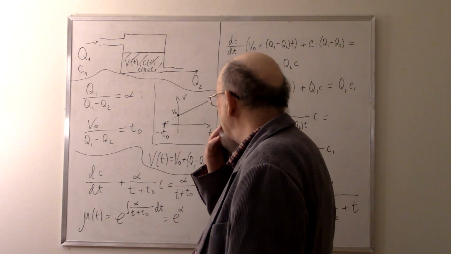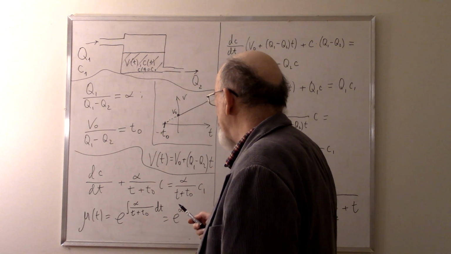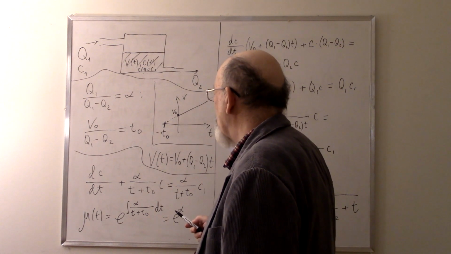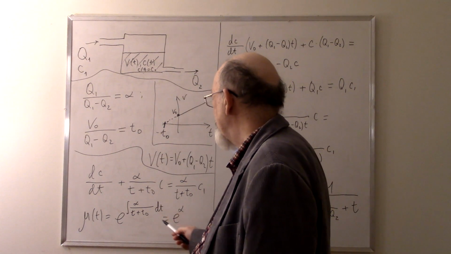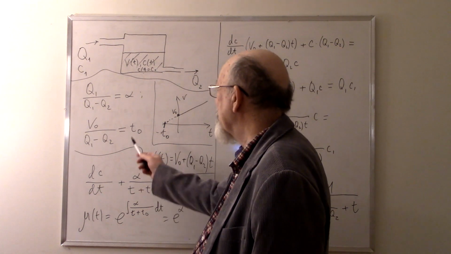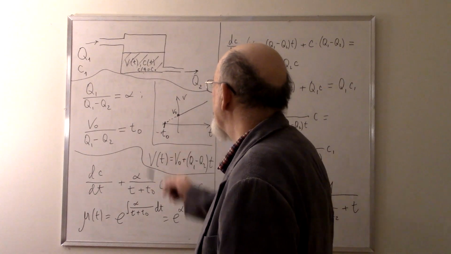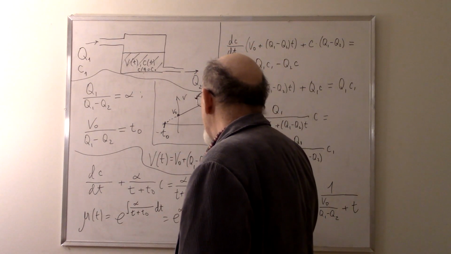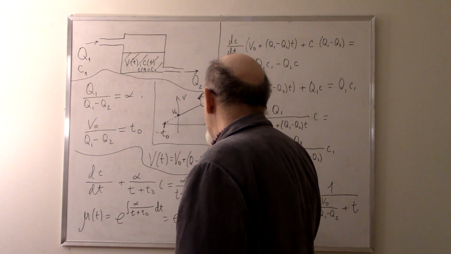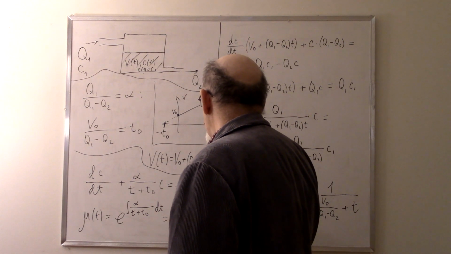Let us do the following. Suppose for a moment that alpha is positive, and t0 is positive. So this means that everything is positive. It is the logarithm of t plus t0.